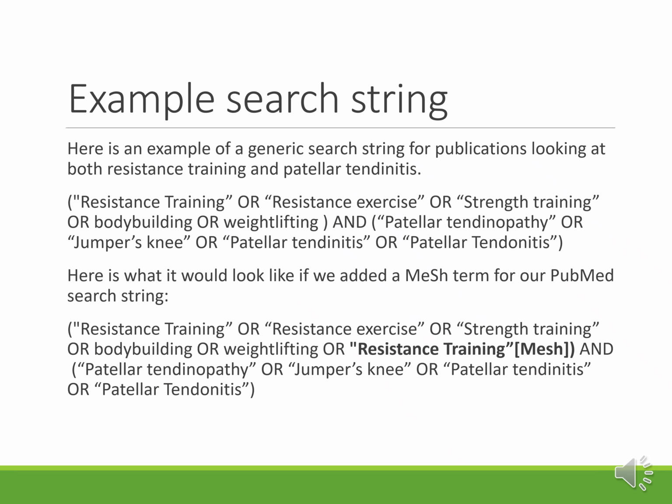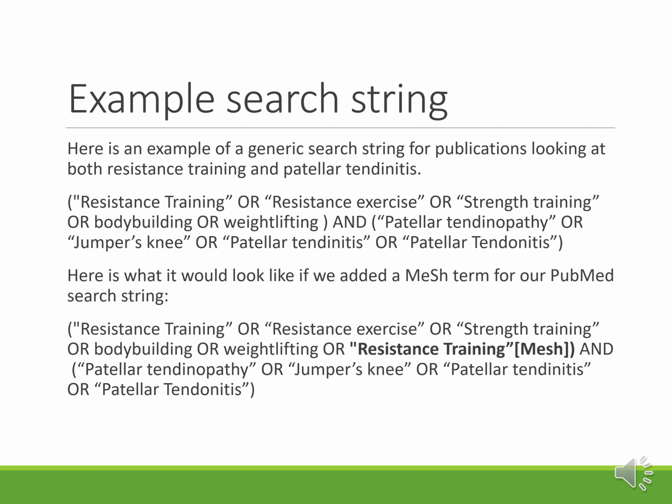Okay, so now let's walk through an example search string. A search string is what we would put into the search box for a database and run to do a search. So here's an example of a generic search string for publications looking at both resistance training and patellar tendinosis.